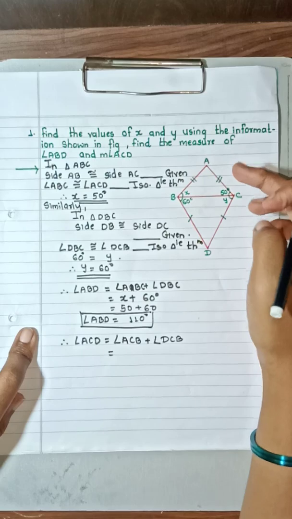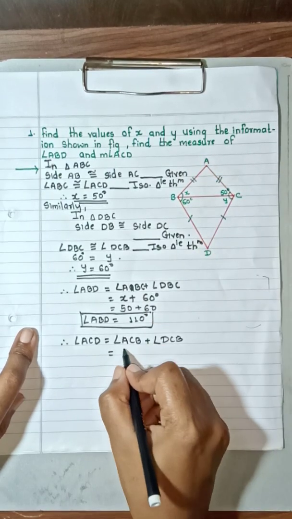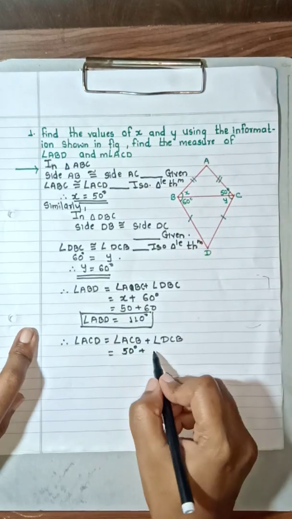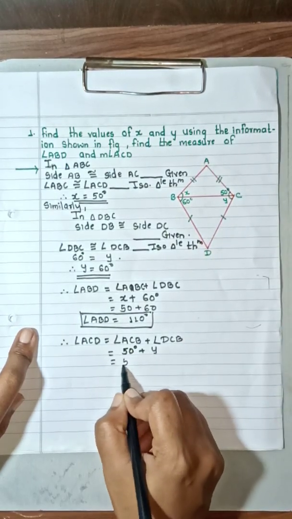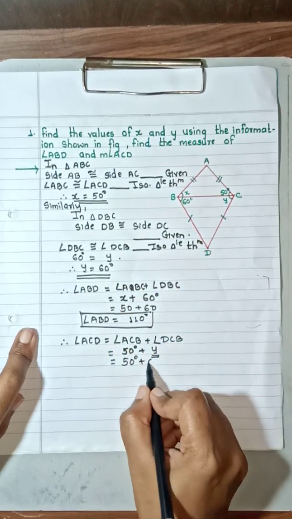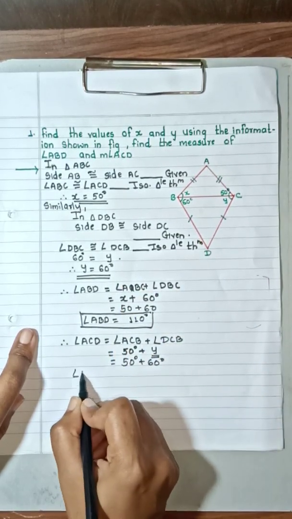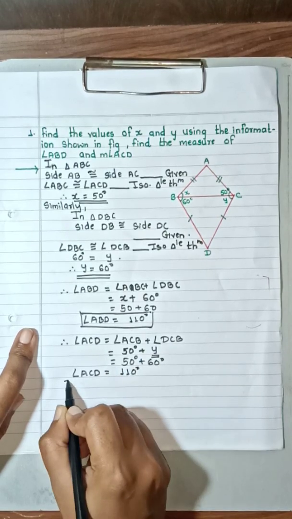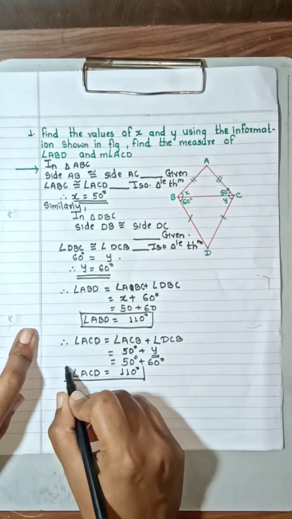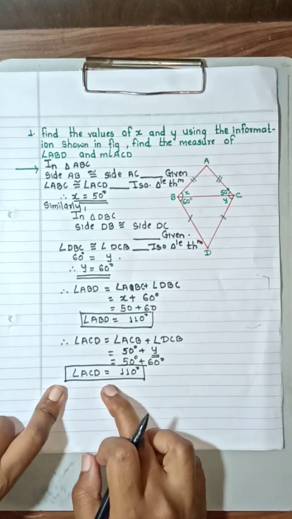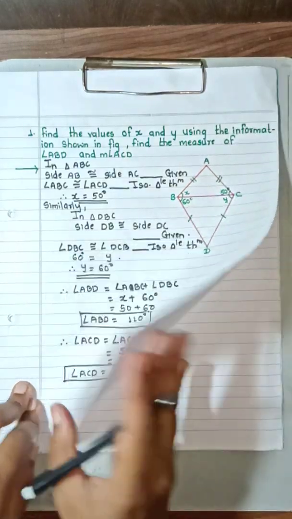ACB is 50 degrees plus DCB is y, therefore 50 degrees plus y. Now what is y? y is 60 degrees. Therefore angle ACD is equal to 110 degrees. In this way we have got the values of angle ABD and angle ACD. Now let us move on towards question number 2.